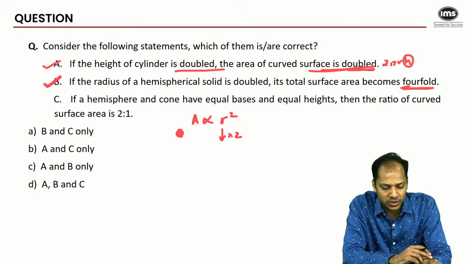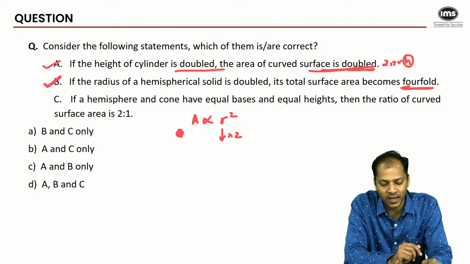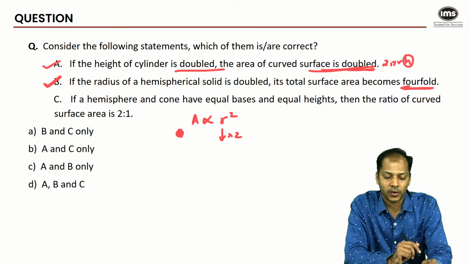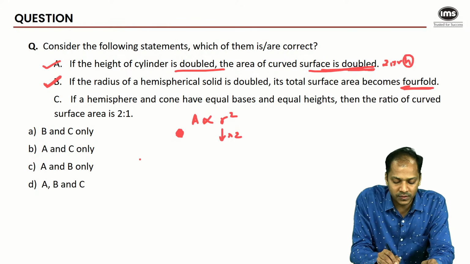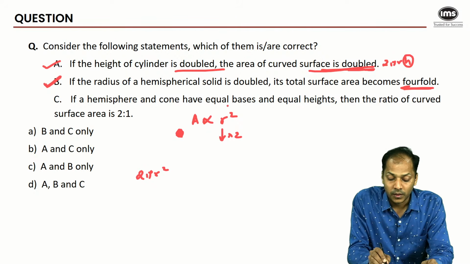What about the statement C? If a hemisphere and a cone have equal bases and equal heights, then the ratio of their curved surface area is 2:1. Okay. Now the curved surface area of a hemisphere is 2 pi r square.